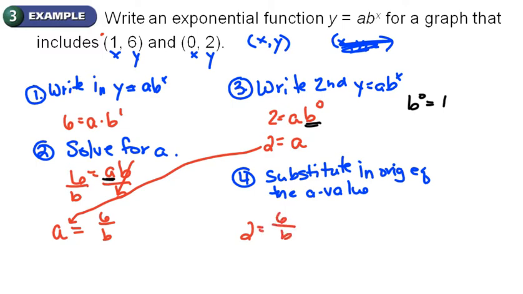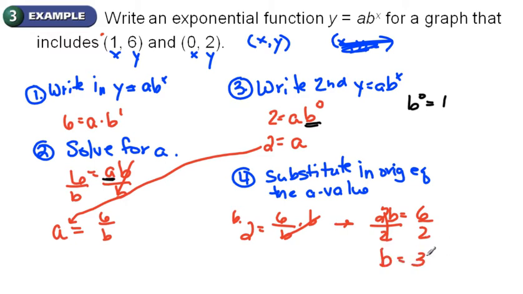Well, hopefully mentally, a lot of you guys will be like, I know what b is. If you don't, we're going to multiply both sides by b. That means these b's cancel out, and we have 12 equals, sorry, that's why you have to be neat when you are writing it. That's a b. That's going to be 2b equals 6. Divide both sides by 2, and we have b is 3.